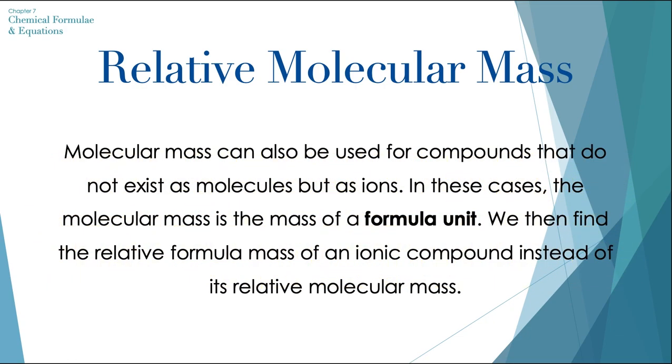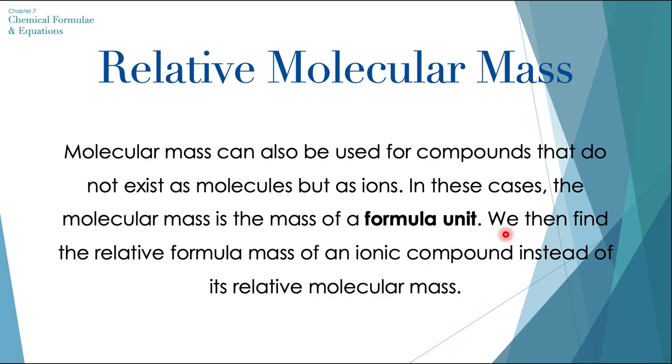Molecular mass can also be used for compounds that do not exist as molecules but as ions. In these cases, the molecular mass is the mass of a formula unit. A formula unit is the simplest statement of the combining ratio of the two or more ions. Thus, the formula unit of sodium chloride is NaCl, which says that there are equal numbers of sodium and chlorine units in sodium chloride.